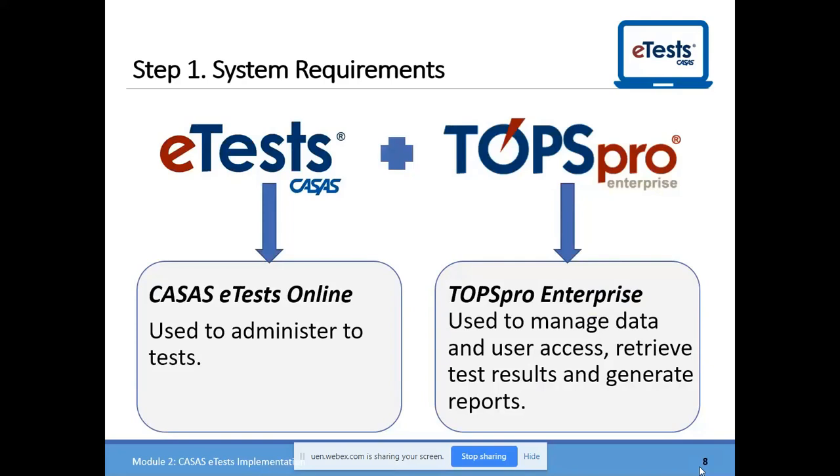You can purchase either. TOPSpro basic comes with your e-test. If you want to go deeper with reports, you can purchase TOPSpro Enhanced. But this is where you're actually going to go to review all of the CASAS testing data that accumulates.